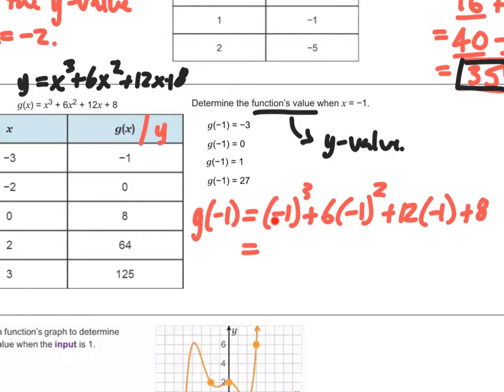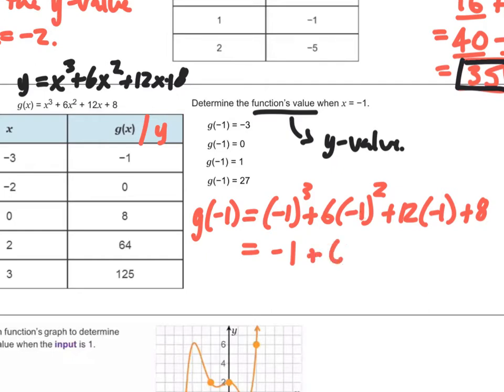If I take a negative number and multiply it by itself 3 times, that's going to give me a negative number. So -1 times -1 times -1 is just going to give me -1. If I take a negative number and square it, raise it to an even power, it's going to become positive. So -1 times -1 is +1, times 6 is going to be plus 6.